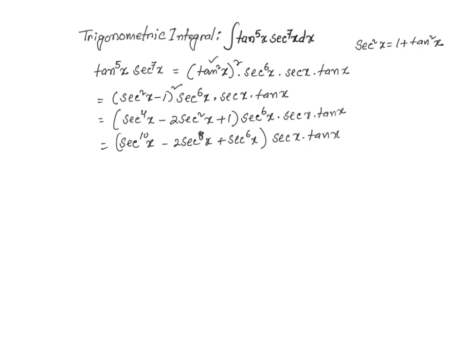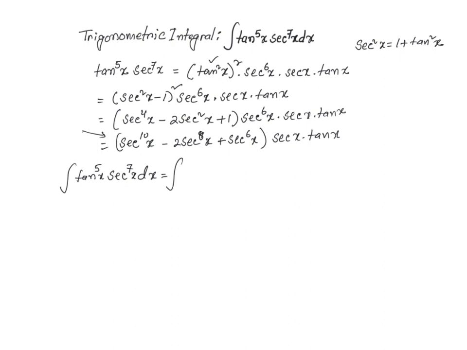Now the integral in essence becomes the following. The integral of tangent x to the power 5 times secant x to the power 7 dx becomes the integral of this.